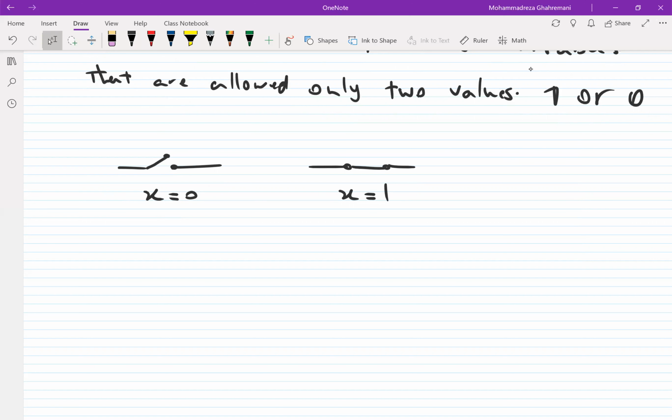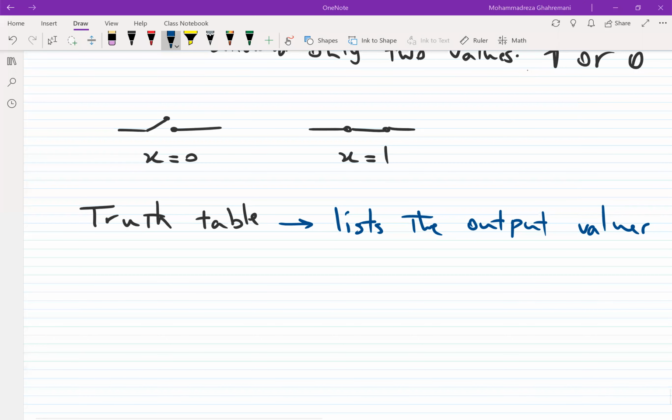It lists the output values for all possible combinations of the input.